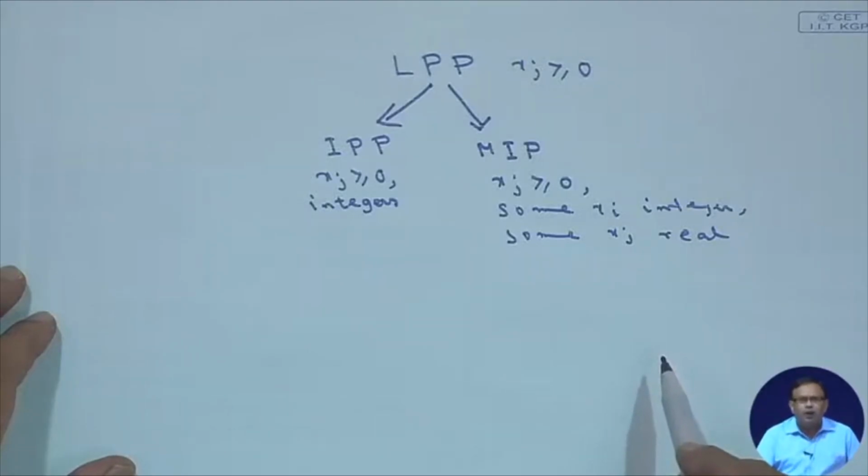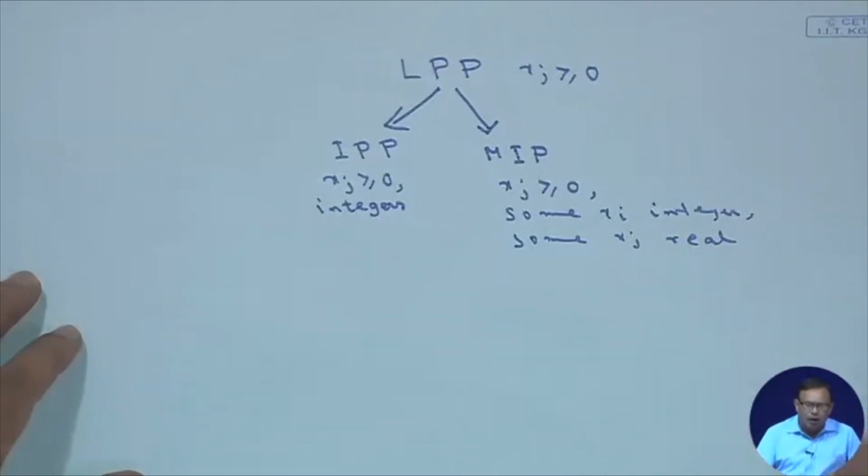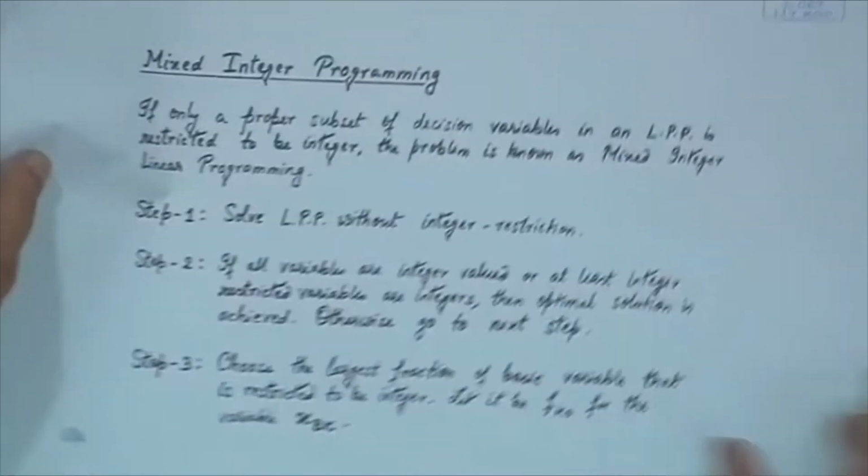We have seen how to find the solution. In the mixed integer programming problem, the decision variables x j will be greater than or equal to 0, but some x j may be integer and some x j may be real. This type of problem we call the mixed integer programming problem.